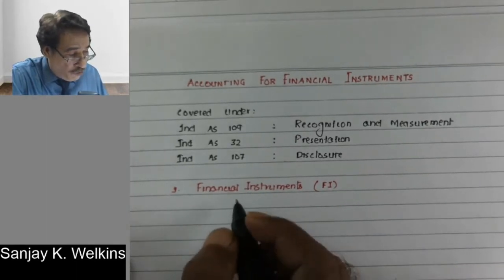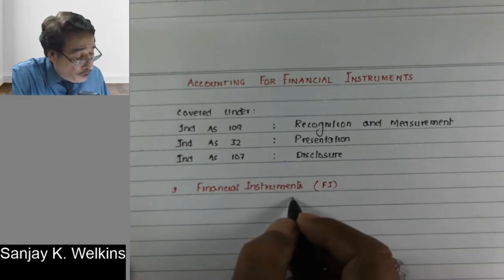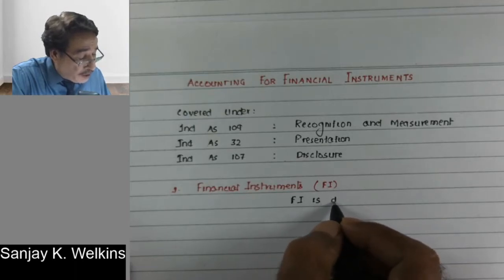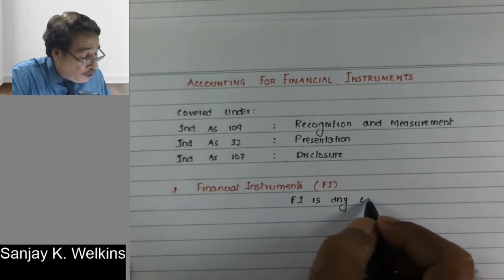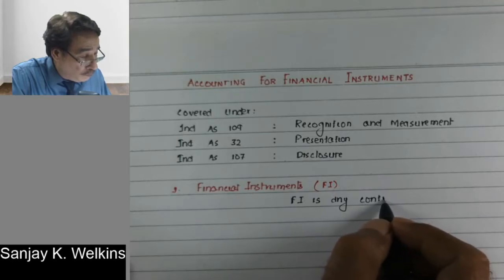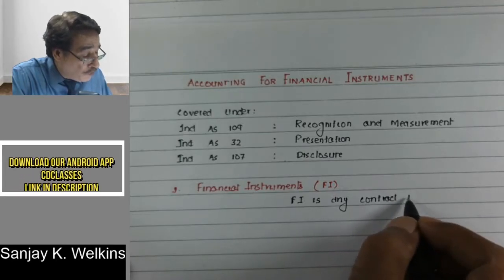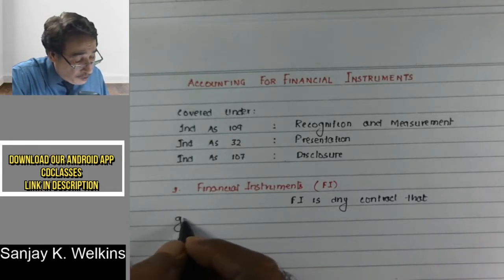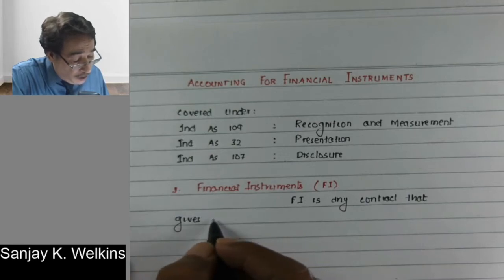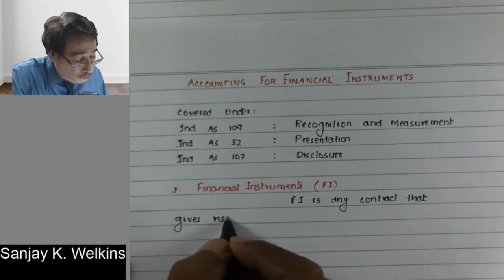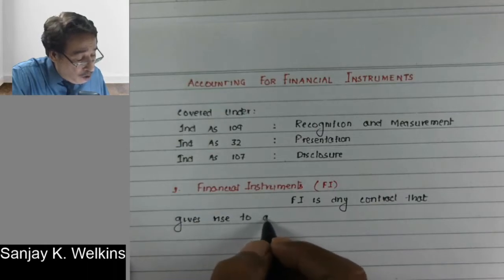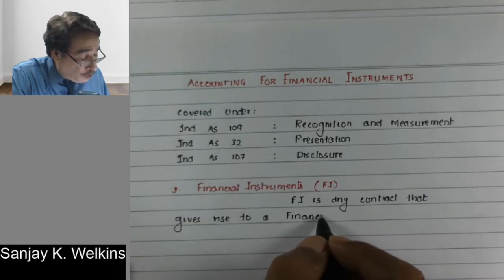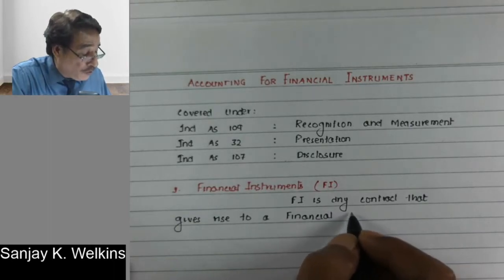So first let me write what is a financial instrument. Financial instrument, FI, is any contract that gives rise to a financial liability. We will use the term FL for the same. I have already told you lots of short forms will have to be used.